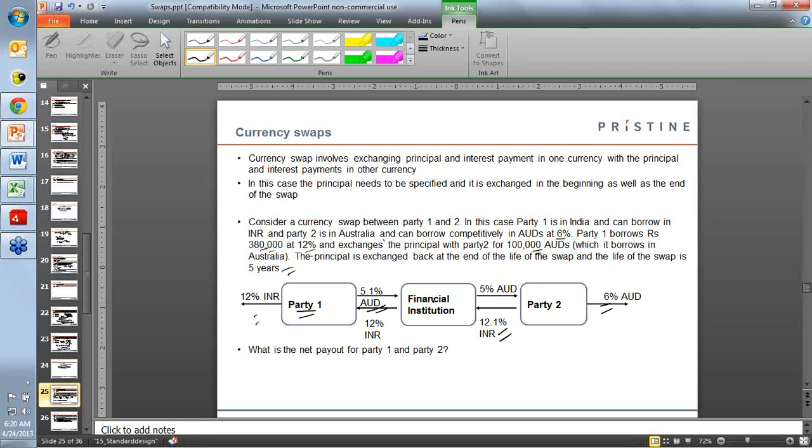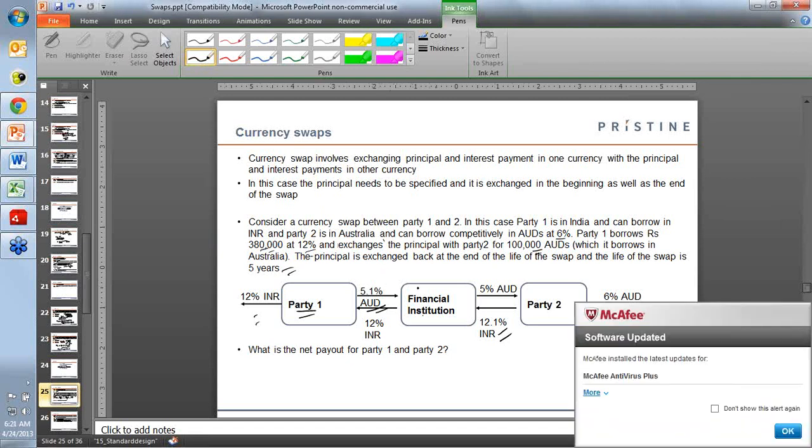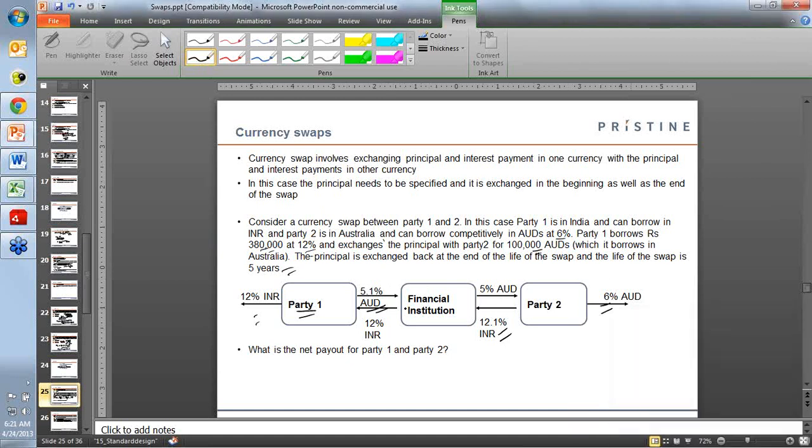So basically they pay each other's loans. And because the exchange rate between the two currencies cannot be constant, it will definitely change. In order to safeguard each other's positions, at the end of the swap, the principal amount is exchanged.